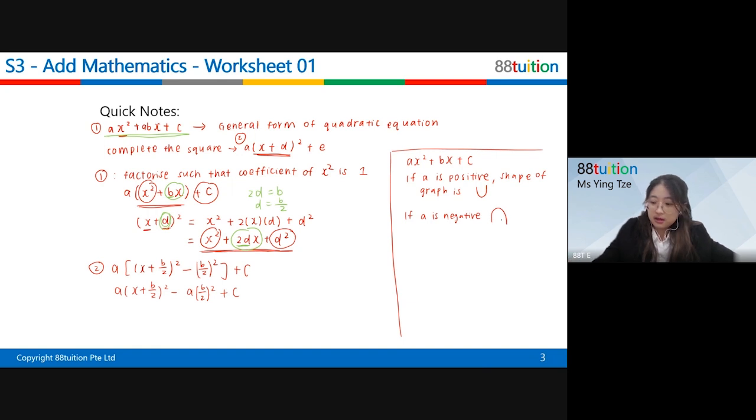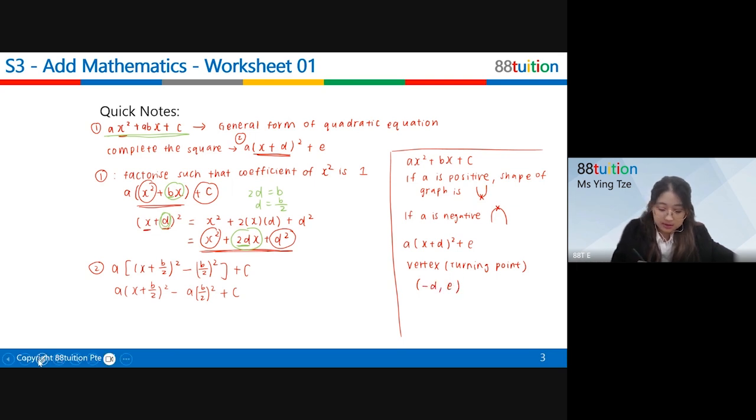Okay? And then whenever you do the completed square expression, when we have this form a(x plus d) square plus e, the vertex, which is also the turning point, meaning here and here. The vertex coordinates are always like this.